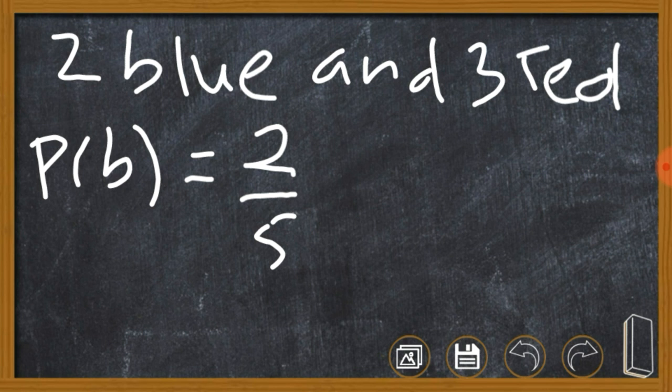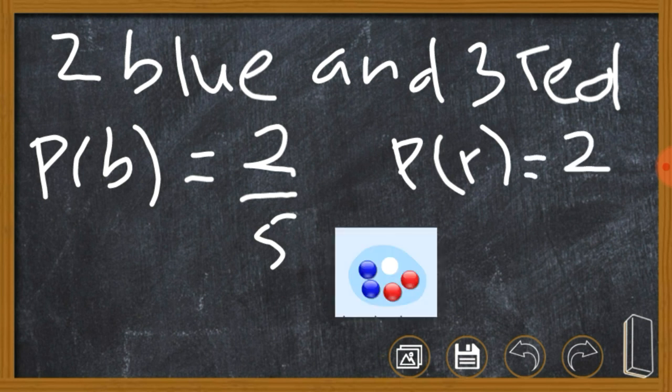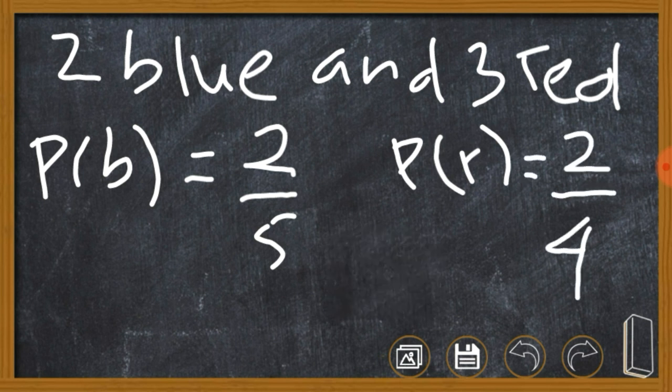But after taking one out, the probability changes. So the next time, if we got a red marble before, then the probability of a blue marble next is 2 divided by 4, or 2/4.